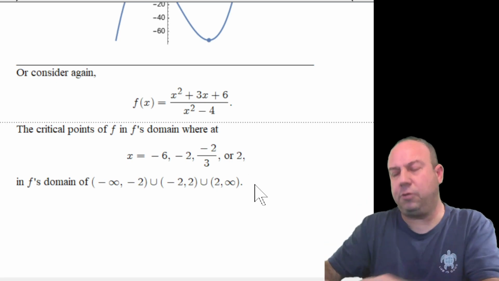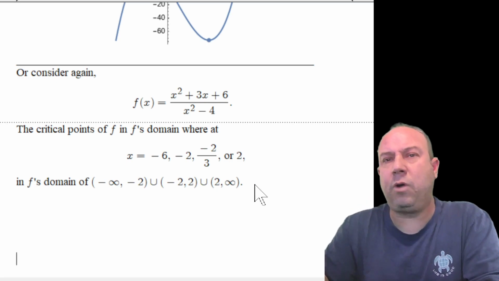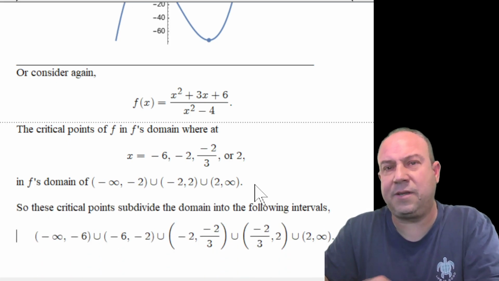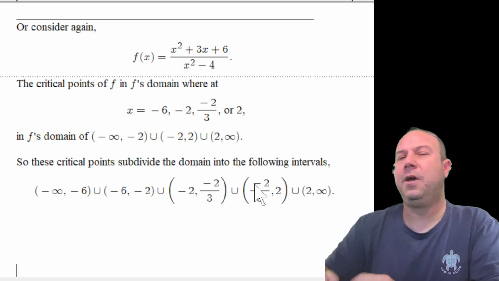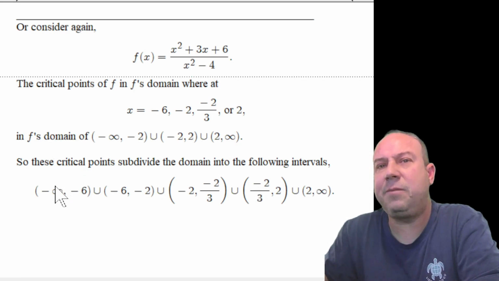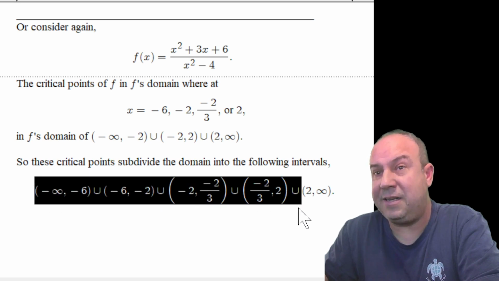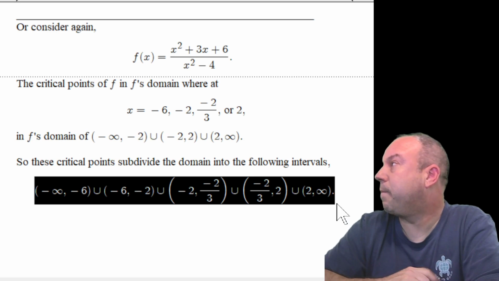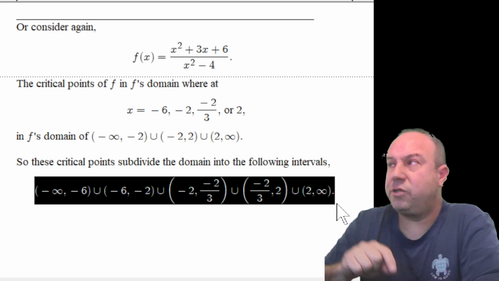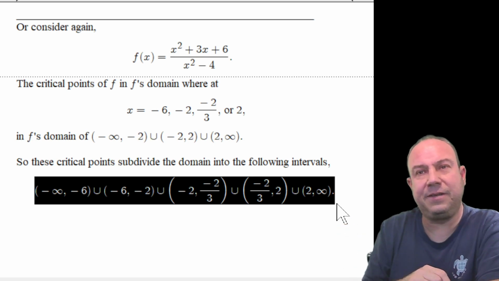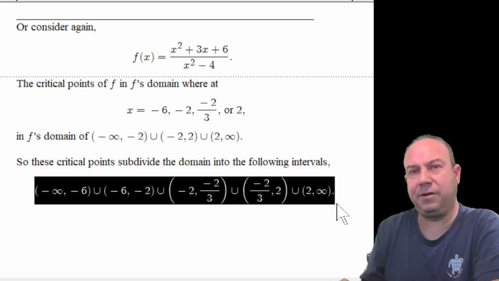Those do subdivide our domain, and if we include the other critical points in that subdivision, our entire domain from negative infinity to positive infinity can be subdivided into these 5 portions, where over some we're increasing and over some we're decreasing in our behavior.